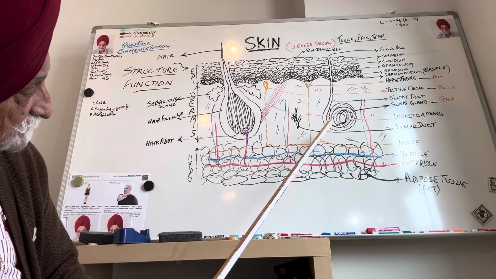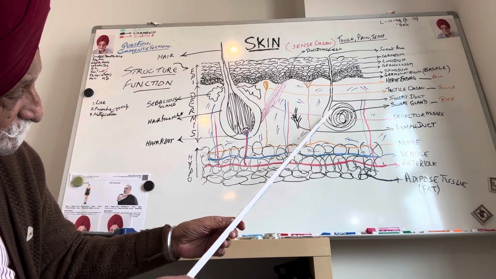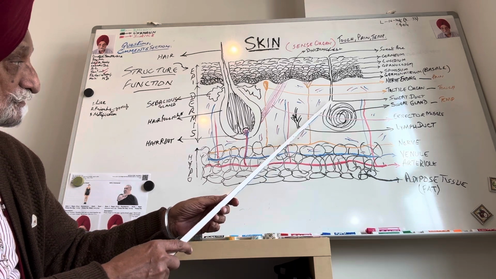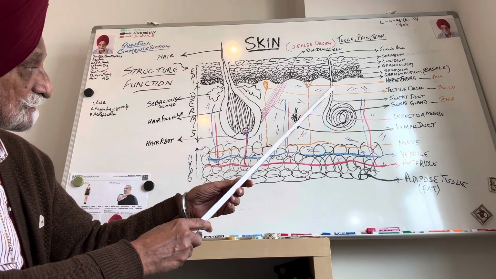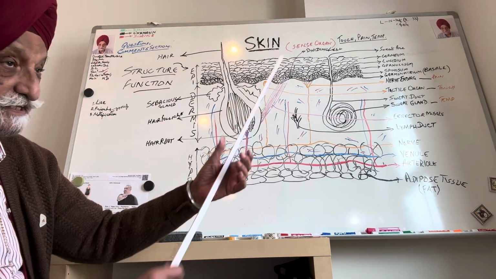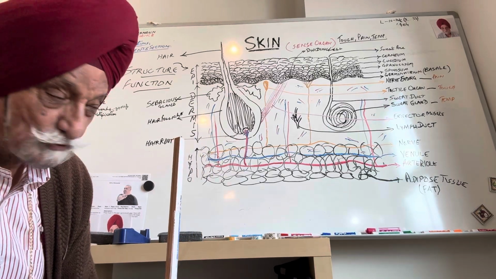Then the sweat gland is a gland which is sensitive to temperature and comes out of the skin through a sweat duct, which opens to the outside at the surface of the skin through the sweat pore.